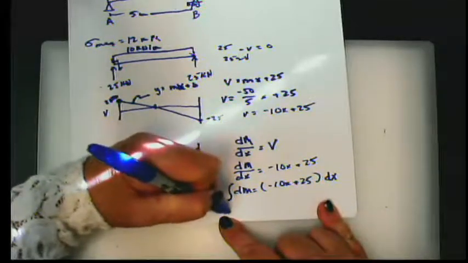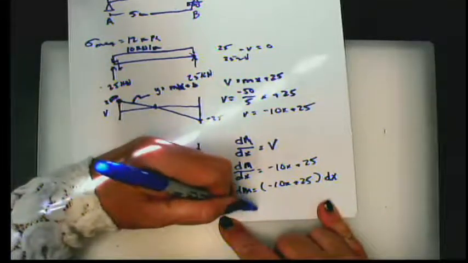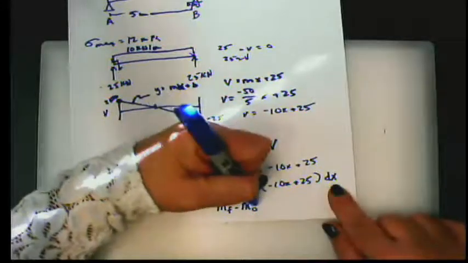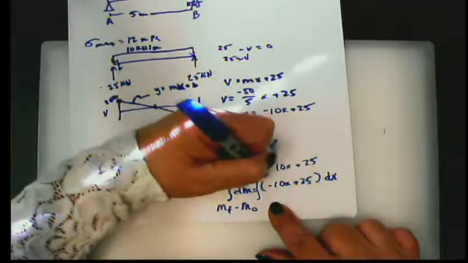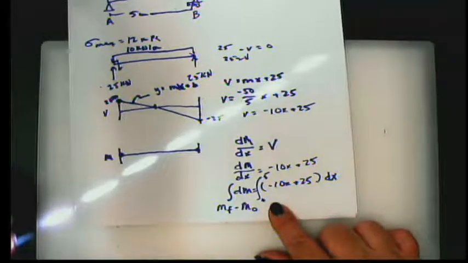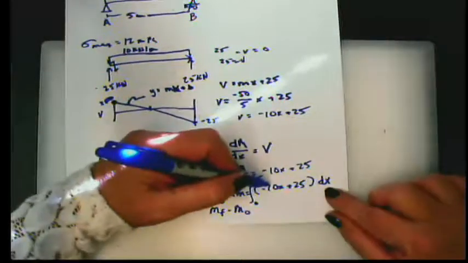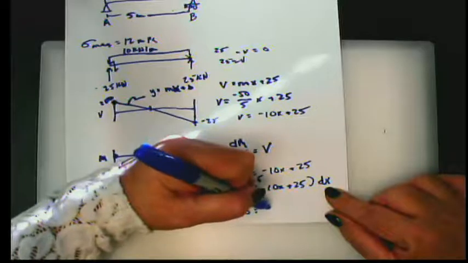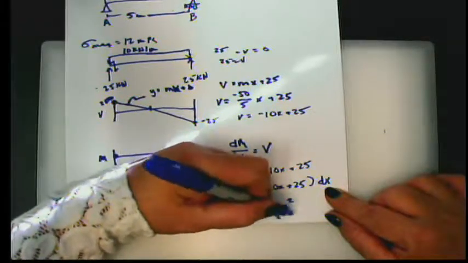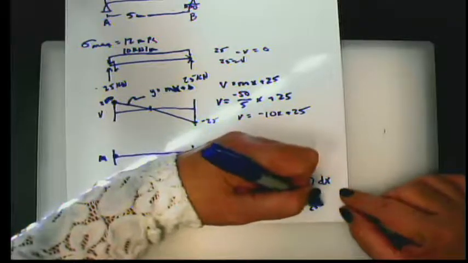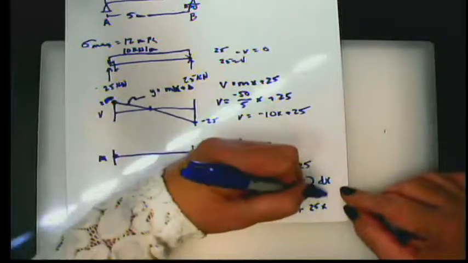So the moment final minus the moment 0 is equal to the integral from 0 to 5. If I integrate that, I get minus 10x squared over 2 plus 25x. And since it's a definite integral, that's evaluated at 5 and 0.